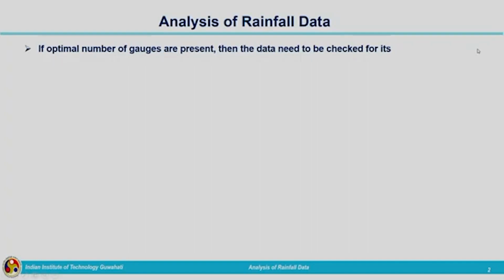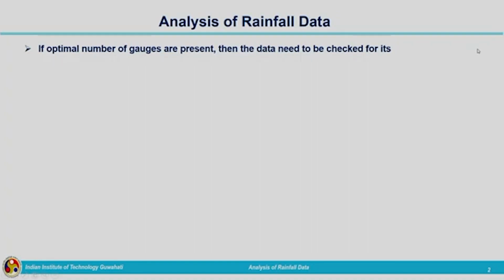We need to make sure that the data which is collected is accurate. So, for that we need to check these data before making use of them for the hydrologic analysis. Let us see the analysis related to rainfall data in this lecture.